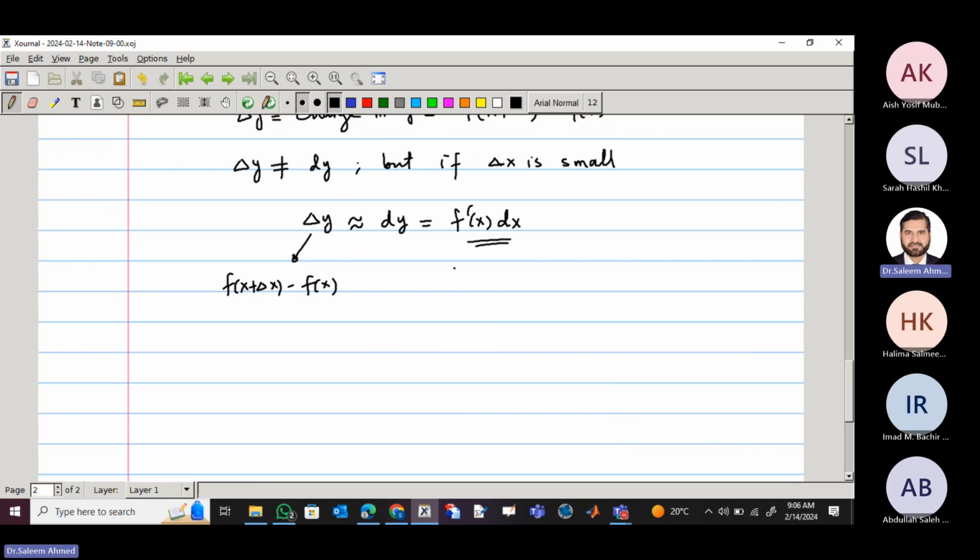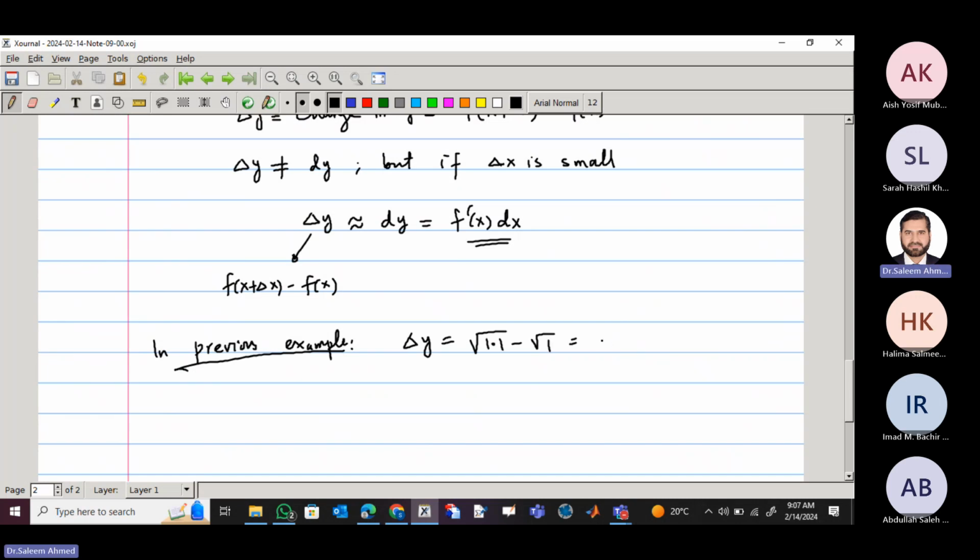So we can use differentials to approximate things as well. For example, in the previous example, the exact change was approximated by the differential, right? Exact change delta y was square root of 1.1 minus square root of 1.